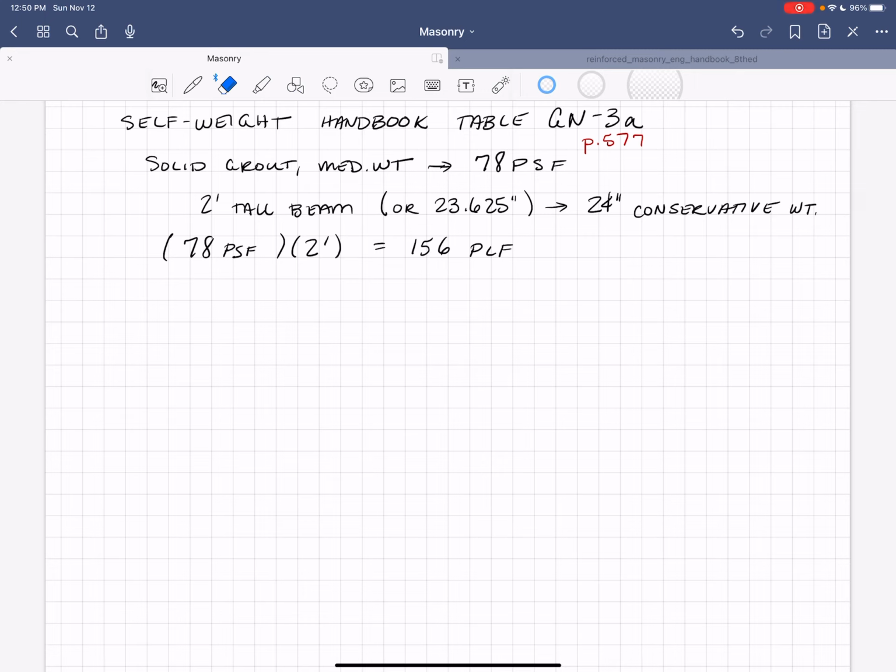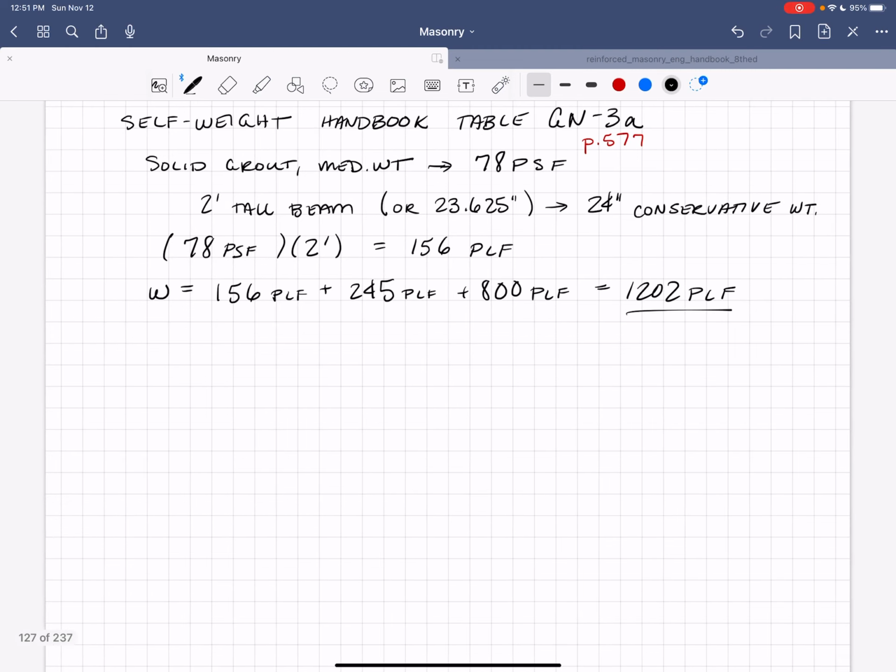Probably weight's not the best word; I like to use W as usual. So we get our 156 pounds per linear foot, the 245, and the 800, and that gives us 1202 pounds per linear foot. That's my uniform load.